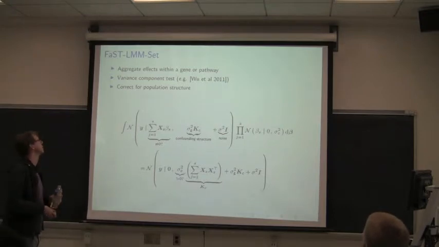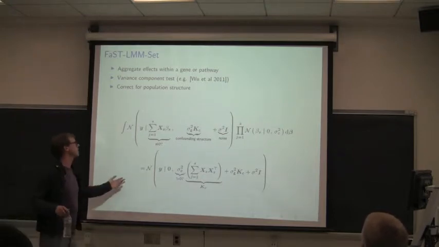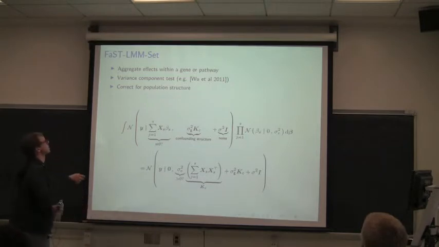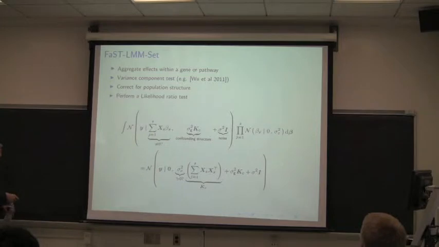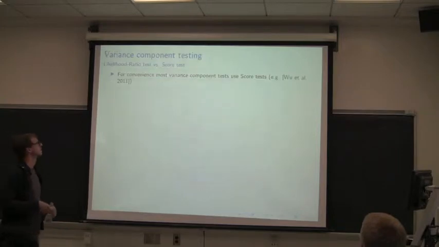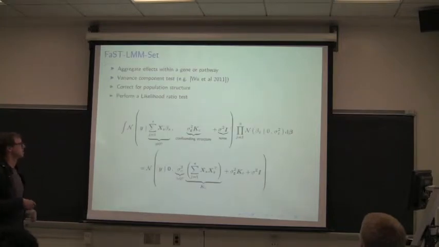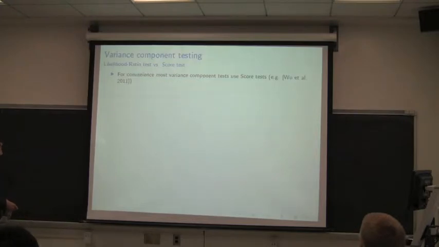All right. So it's important to correct for population structure, which these methods don't do here. But then we can use a likelihood ratio test. And the test that people typically use is a so-called score test. I want to talk about the score test right now.